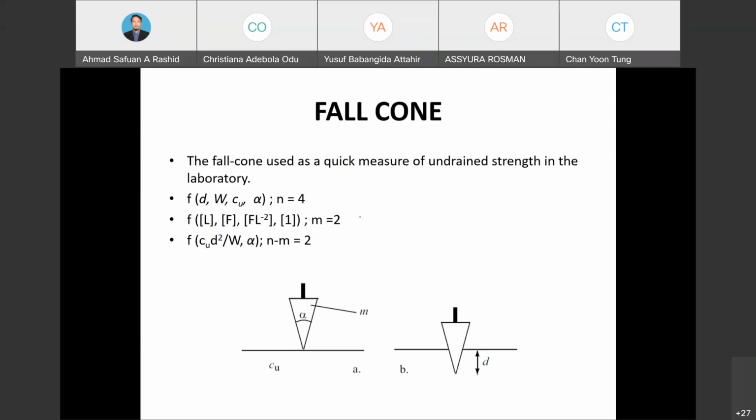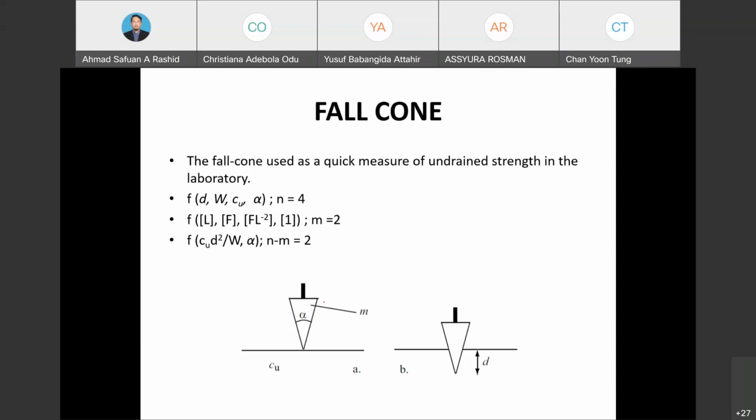I did my master by taught course, not by research. This method is used to determine the undrained strength in the laboratory by using the fall-cone approach.